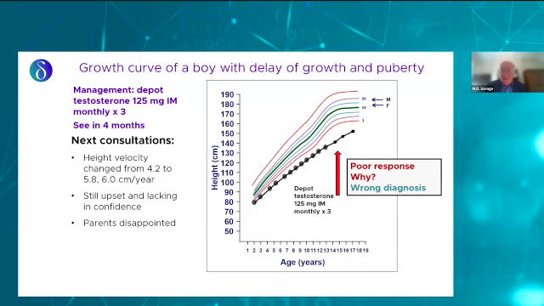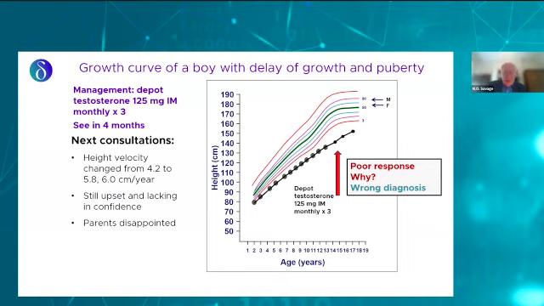And the parents were disappointed with the response. Why has he responded poorly? Because the diagnosis is wrong. It's incorrect. He does not have constitutional delay of growth and puberty.